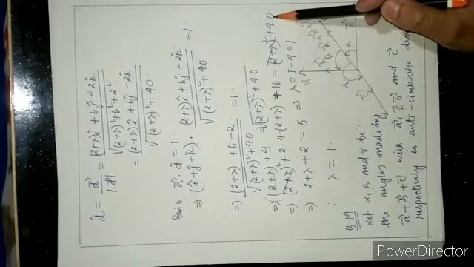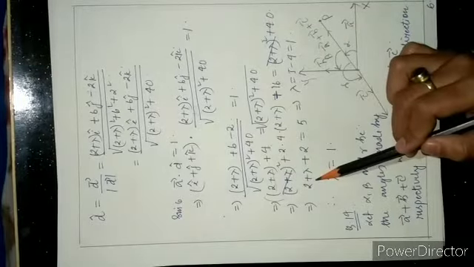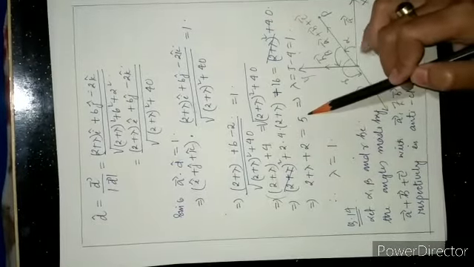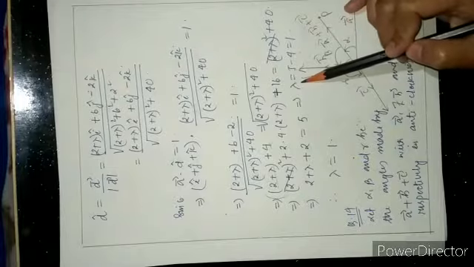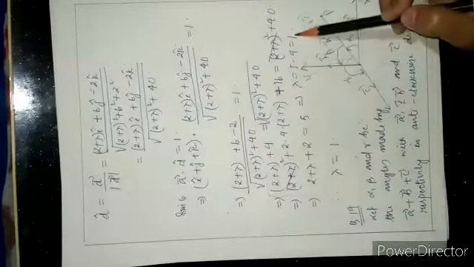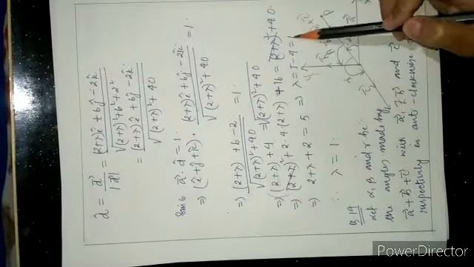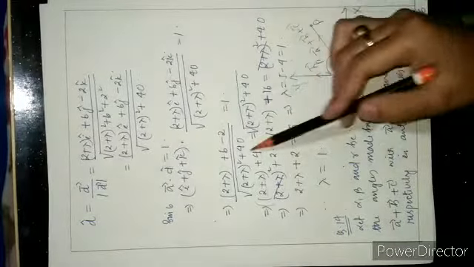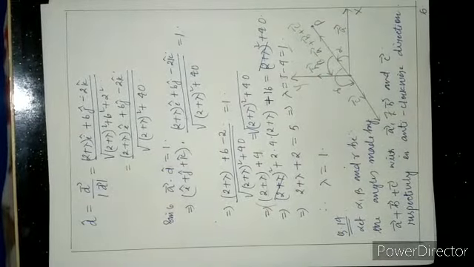Dividing both sides by 8 we have 2 plus lambda plus 2 is equal to 5. And by solving this equation we get the value of lambda is equal to 1. So by solving the expression, we get the value of lambda as 1.